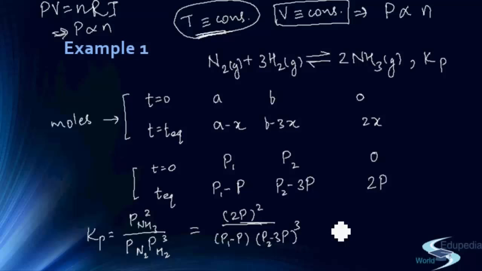We assume that the stoichiometric coefficients, instead of molar ratio, also represent pressure ratios, the ratio of partial pressures of each of the reactants and products. Hence we were directly able to calculate the partial pressures at equilibrium and write the expression for Kp. But once again, this is applicable only and only when temperature and volume are constant.